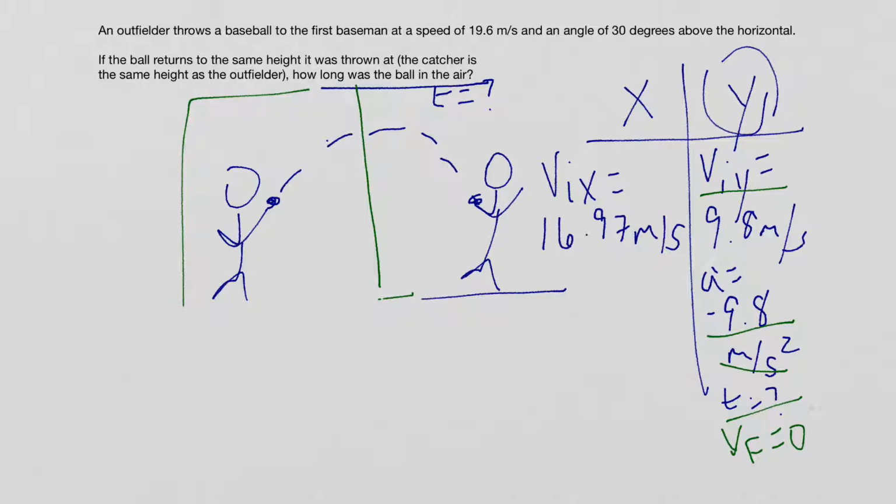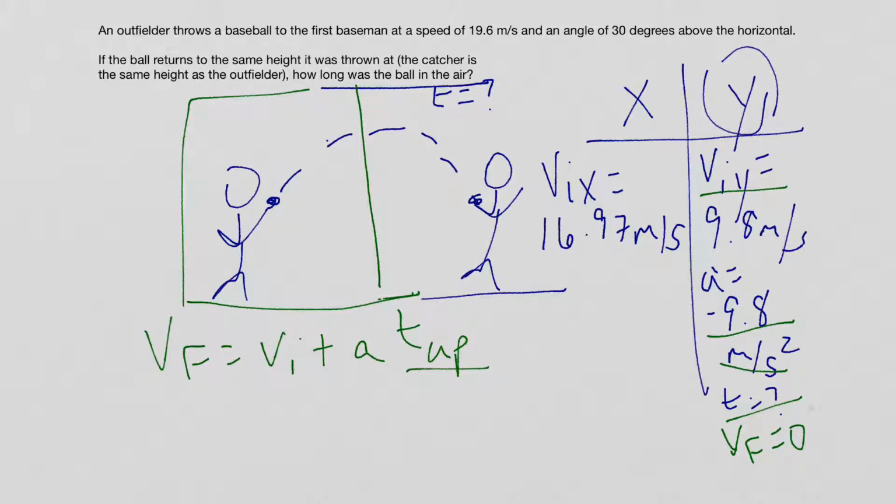But we can use this right here to our advantage. So we want to say that T up is what we're going to be looking for in the Vf equals Vi plus A T up equation.